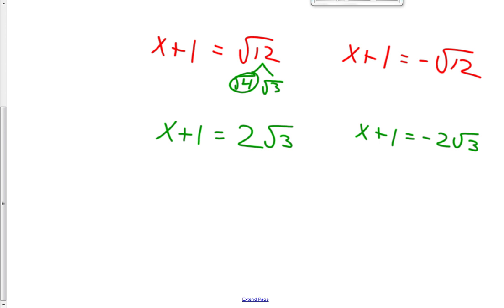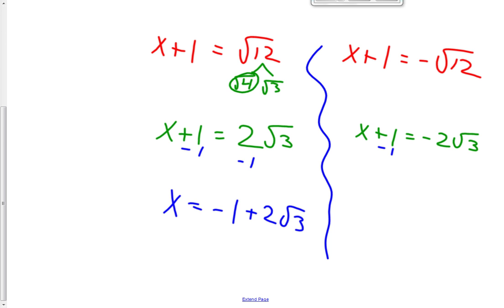Alright, and now to end up with your answer, you got to get x all by itself. So you subtract 1, subtract 1. Now you can't combine 2 square root 3 with a negative 1. You can't add those together, so you got to keep those separate. X equals a negative 1 plus 2 square root 3. And here, on the other side, when you subtract 1, x equals a negative 1 minus 2 square root 3.